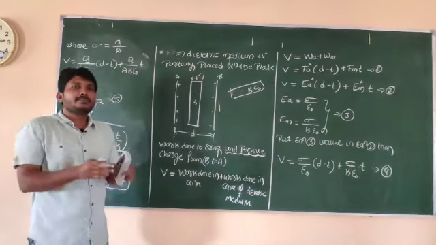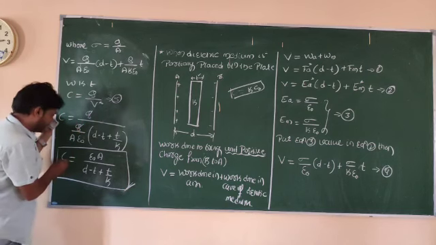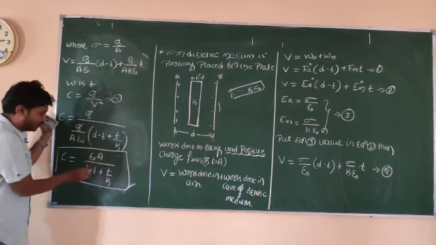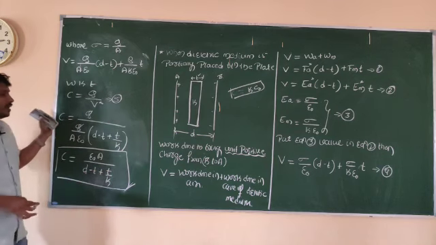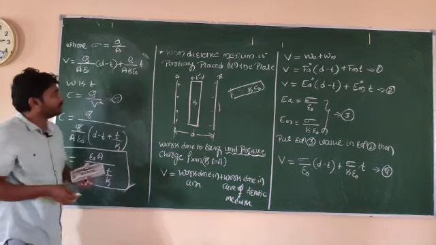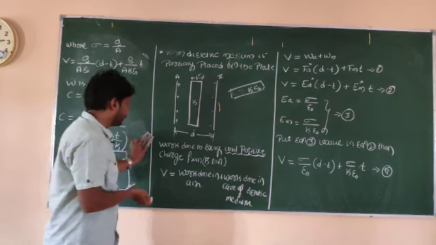If the dielectric medium is partially filled, this will be the required equation. So that is C is equal to epsilon naught into A divided by D minus of T plus of T by K, or in other sense if I take the T as a common factor here, I will rewrite this equation in another form.